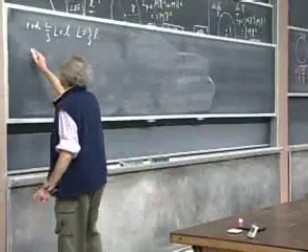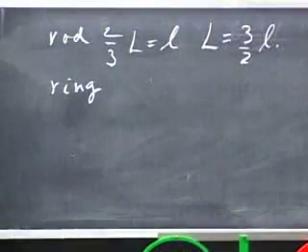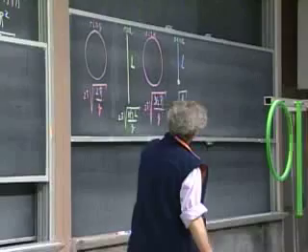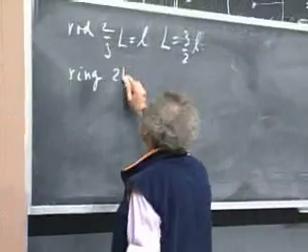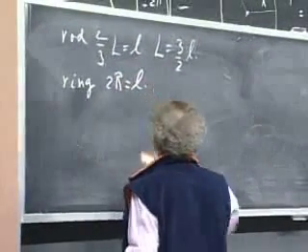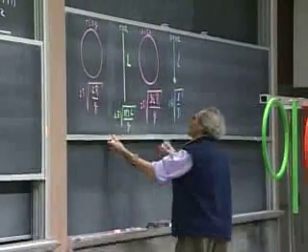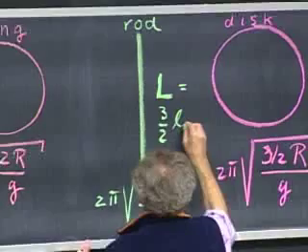Let's now go to the ring. For the ring, to have the same period, 1 second, 2r has to be the same as the length of the pendulum. So 2r equals l. So we can put in here, for the rod, this has to be 1.5 times l.